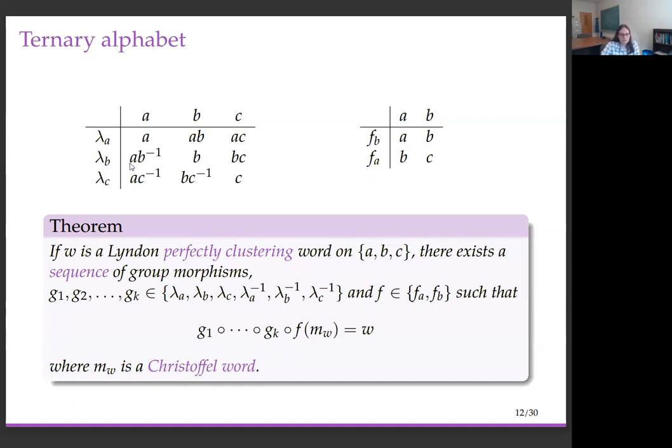Lambda B will send B to itself, will send C, which is bigger, to B concatenated with C, and it will send the smaller letter A to A concatenated with B. And lambda C is defined similarly.